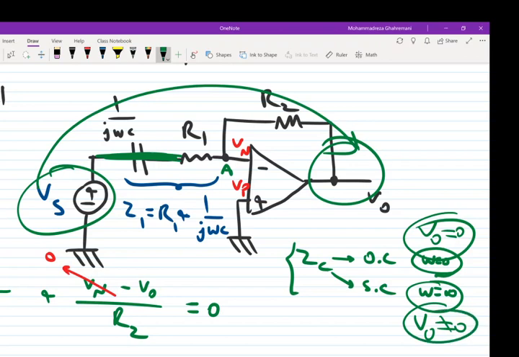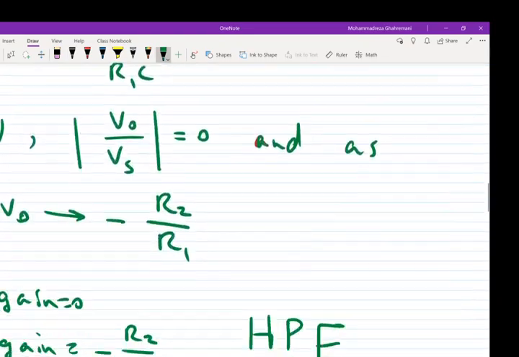Based on these facts, we can say that this filter is a high pass filter, not a low pass filter, because for low frequencies the output is 0. For high frequency we have some output. What is the value of that output? We don't know; we can figure it out by solving the circuit, which we did, and we got the answer, which was negative R2 over R1.